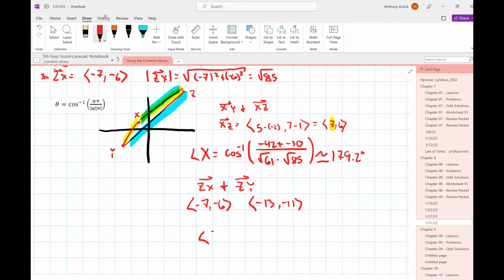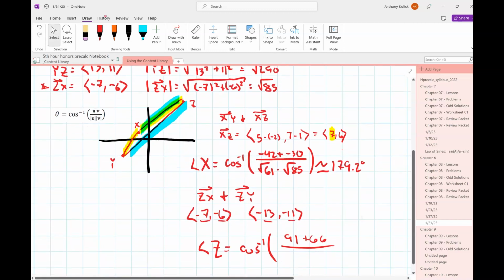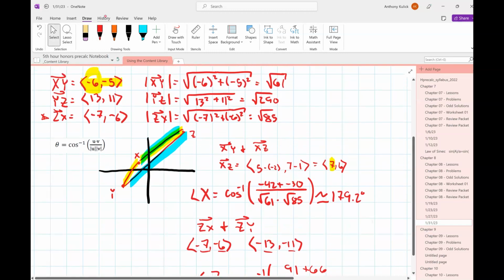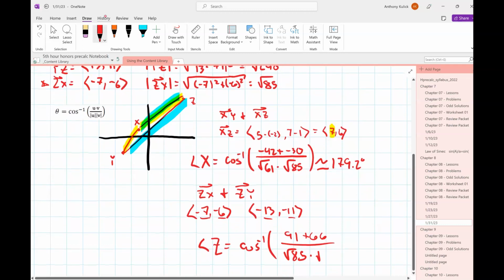So angle Z is then going to be cosine inverse of -7 times 13 is 91, and then -6 times 11 is 66. And then the ZX had magnitude root 85, and ZY had magnitude root 290.